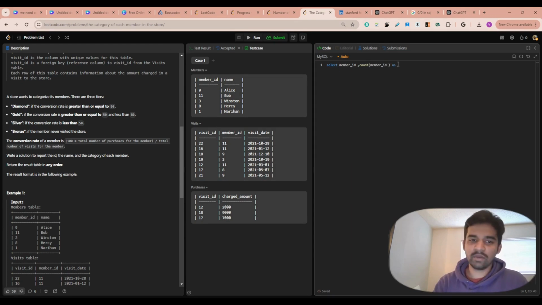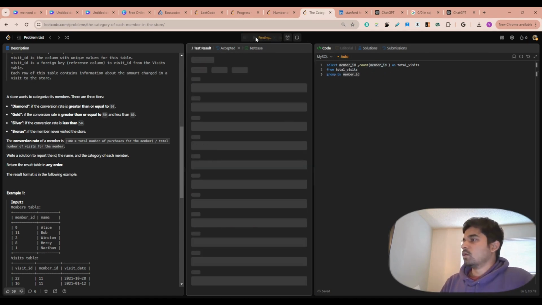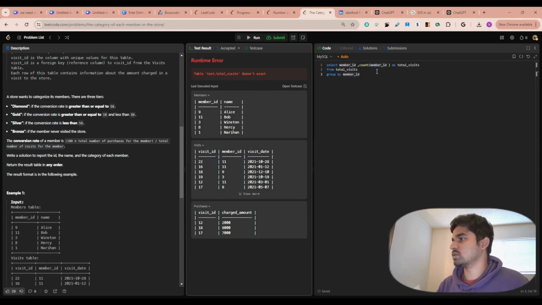I would just name it as total visits, from visits, group by member ID.